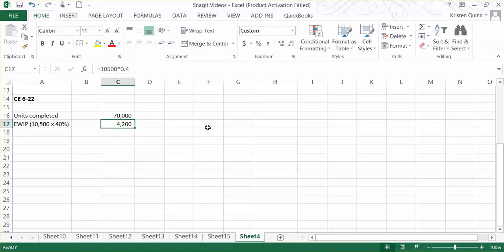In this case, we had 4,200 equivalent units. What that tells us is that based upon all of the product costs that we put into getting 10,500 units 40% completed, we could have fully completed 4,200 units.